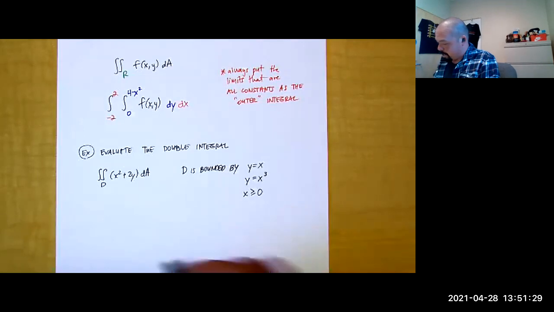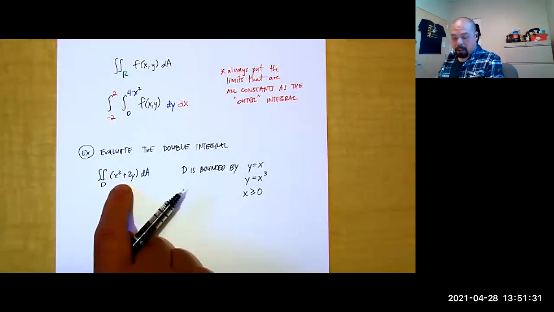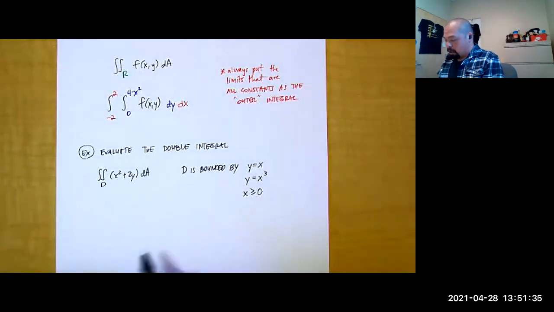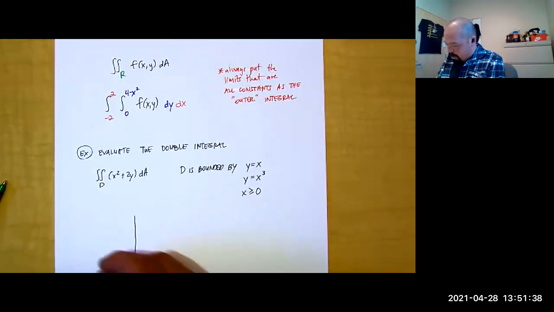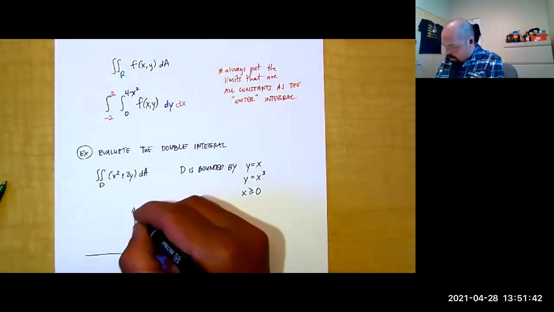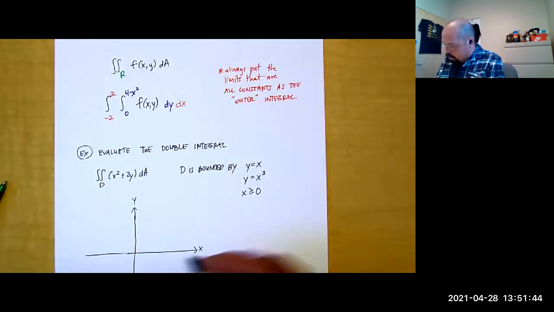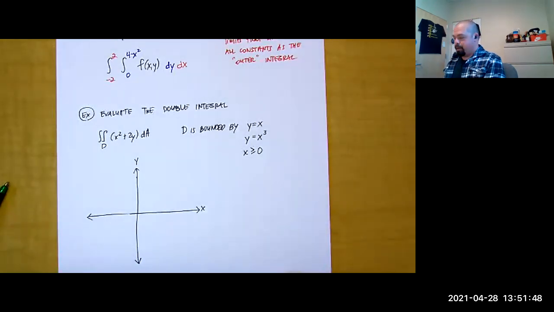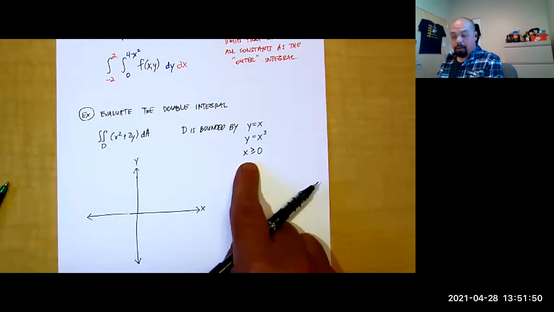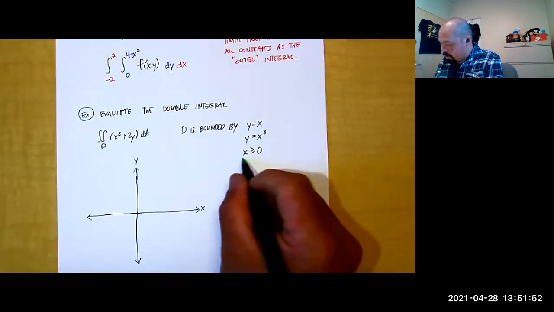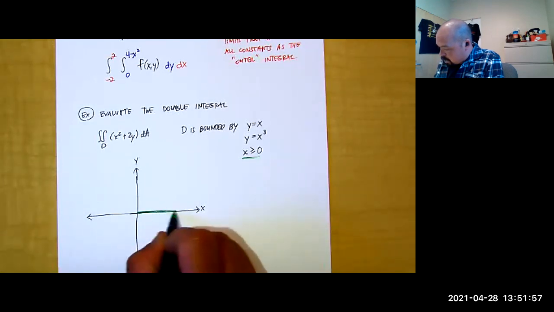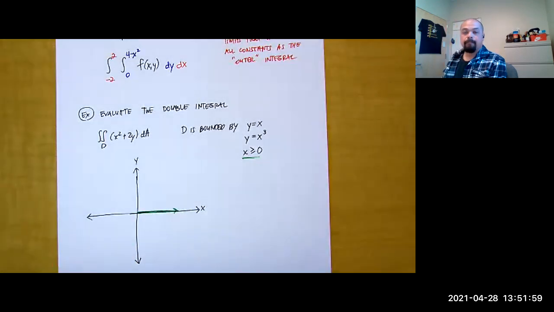So when we look at this, I'm not going to worry about this as my function. I'm not going to worry about building up that surface. I'm going to focus on that region D. So in that xy plane, x is going to be greater than or equal to 0, so that means we're looking at that space.